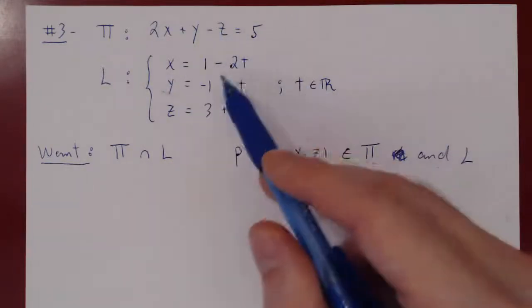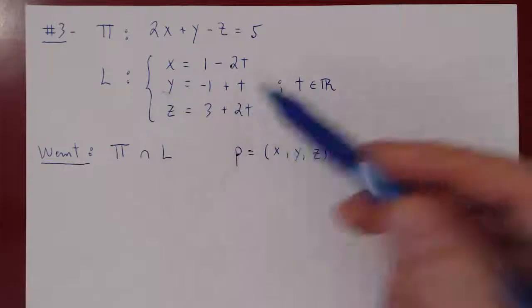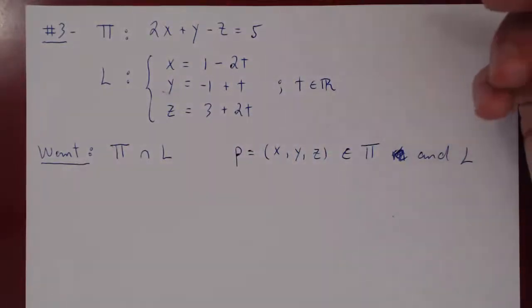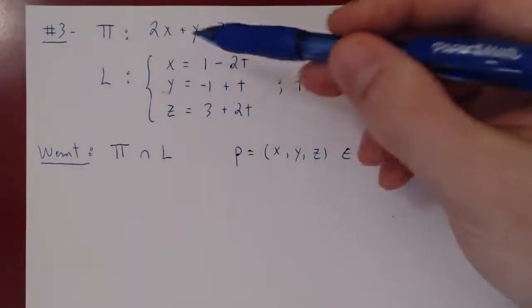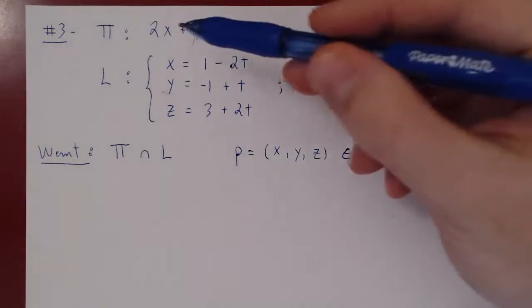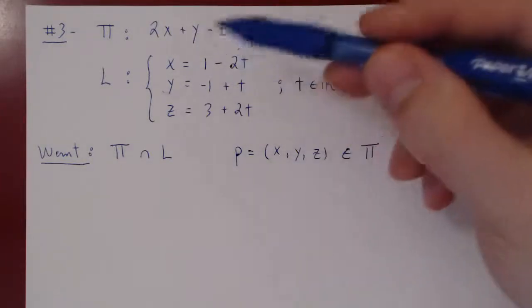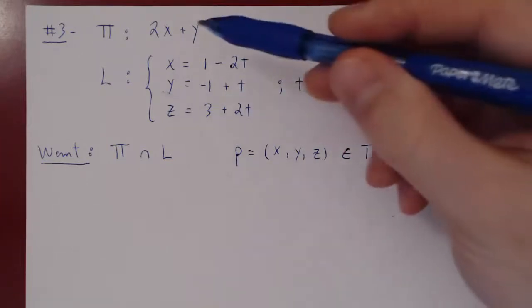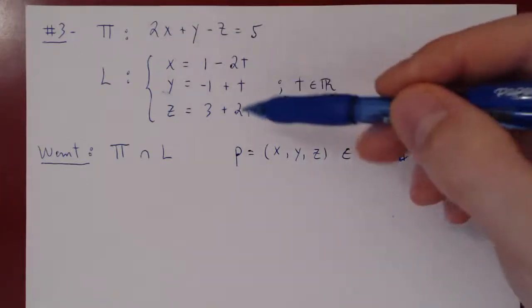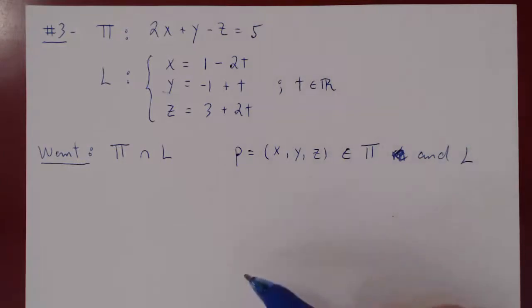This equation is true, so are these three. So it's not too hard to see that what we can do is replace x by 1 - 2t, y by -1 + t, and z by 3 + 2t, and we'll have one equation in one unknown, and then we can solve for t.